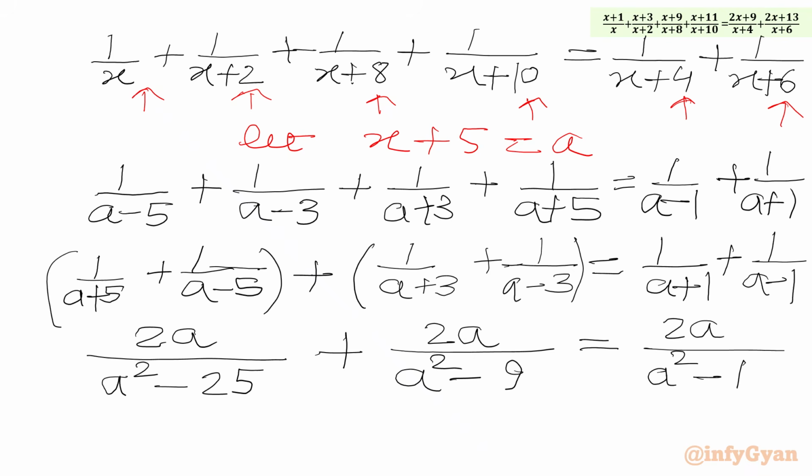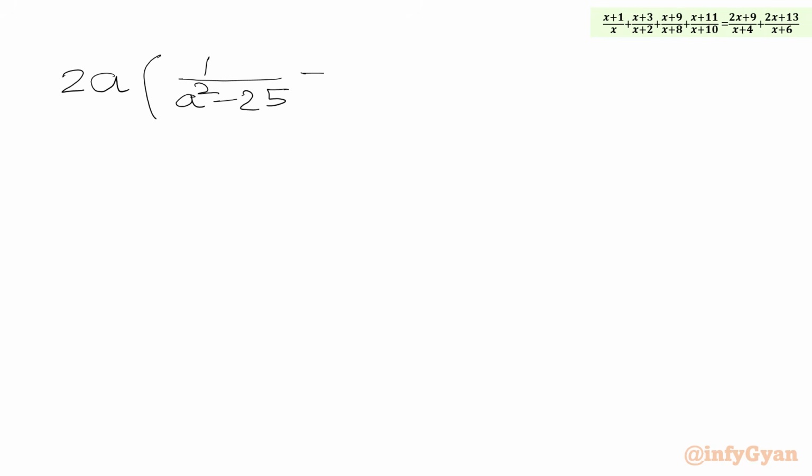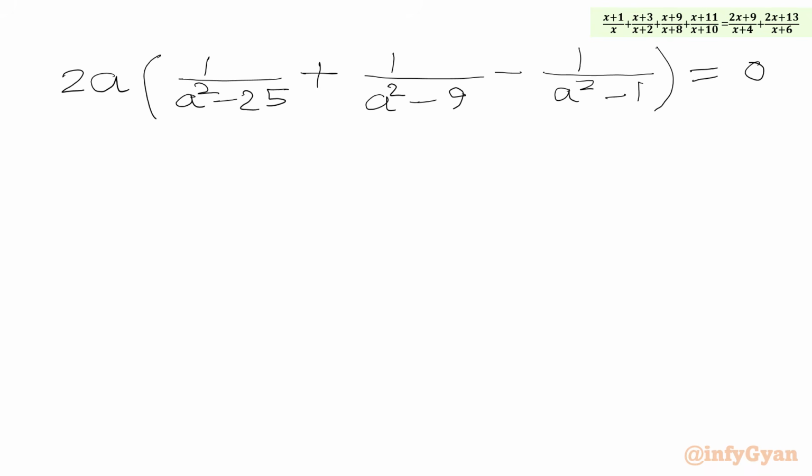Now we will take all the terms to one side and take 2a common. In the bracket, we'll write 1 over a squared minus 25, plus 1 over a squared minus 9, minus 1 over a squared minus 1, equal to 0. We can use the product zero rule.